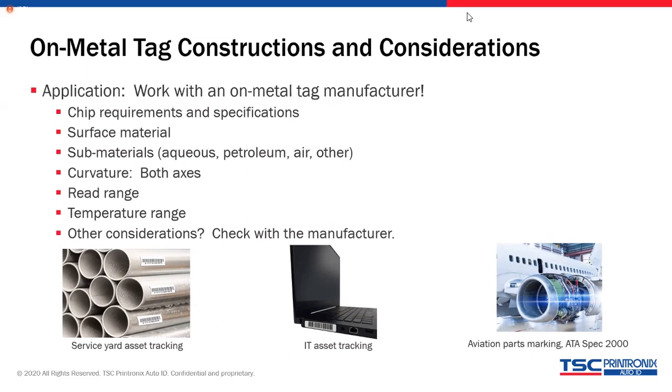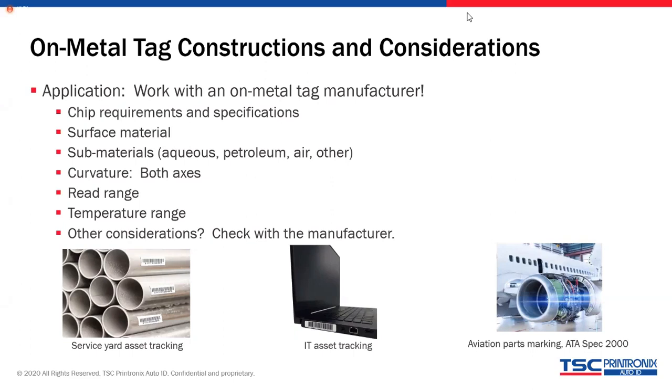At the bottom of the screen, I have some typical applications for on-metal tags that we see out in the world. I already mentioned lower left, the service yard asset tracking. Remember, this is probably going to be outside, subject to outside temperatures, rain, snow, sun, and so on. In the middle, IT asset tracking, very popular use for these on-metal tags today. For example, we have an application with a school district, about 5,000 laptop computers, and they need to label each and every one.